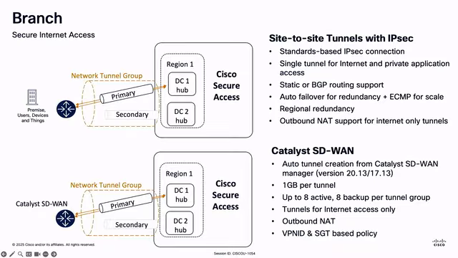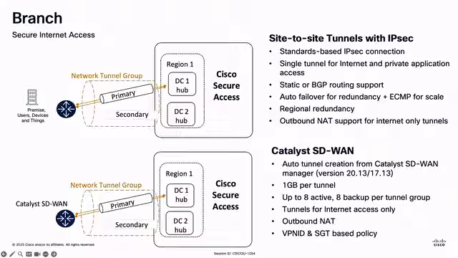So as I mentioned earlier, we have done some integration with our Catalyst SD-WAN platform. One of the things that we can do because of that integration is automatically create the tunnels within that tunnel group. We also are capable within Secure Access to recognize the segmentation information that is flowing on that Catalyst SD-WAN tunnel.